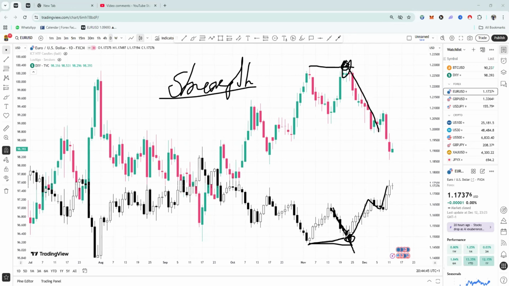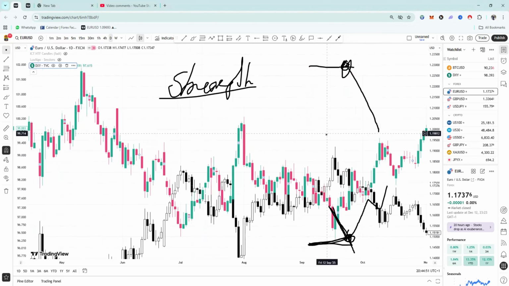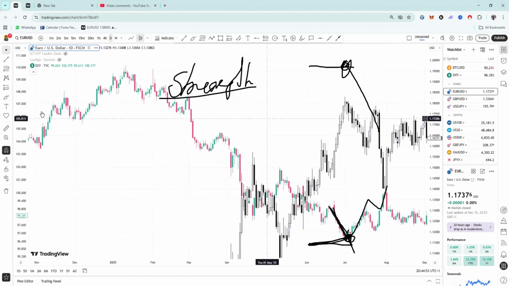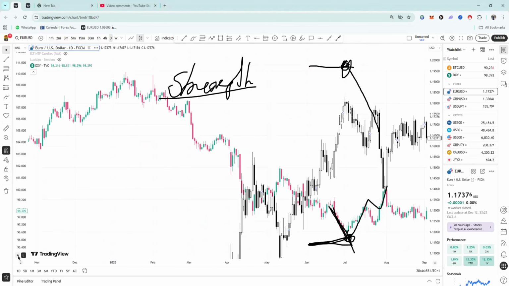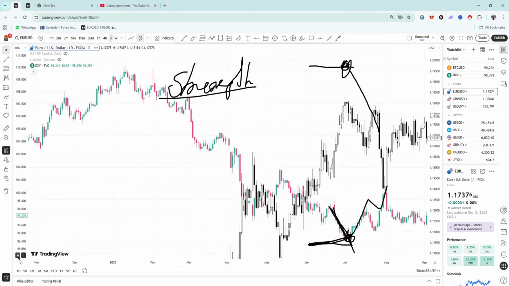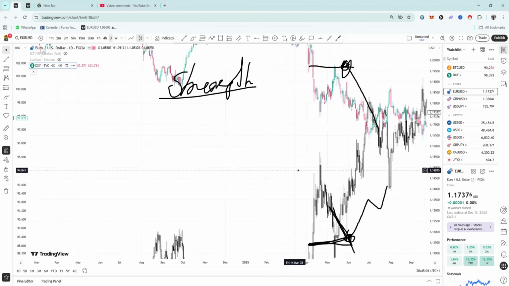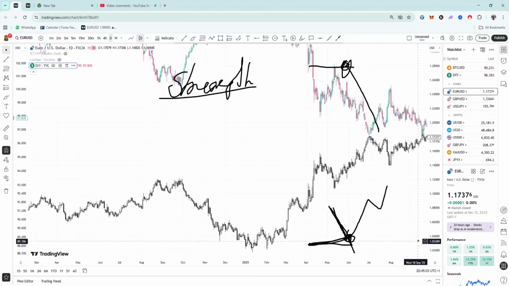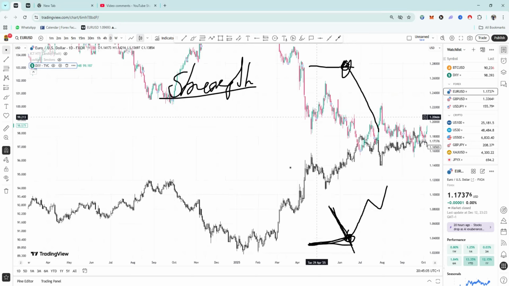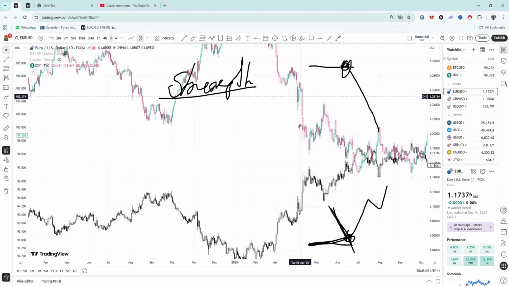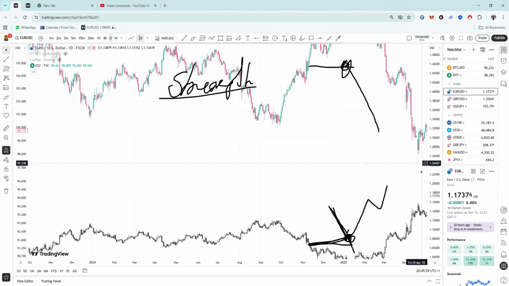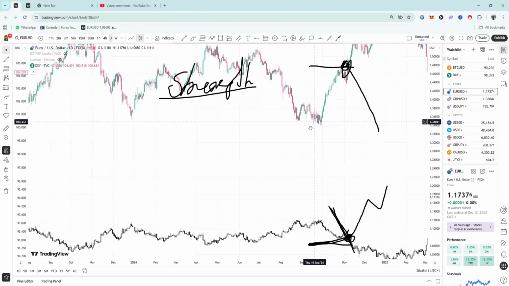Now, when an asset fails to make a low or a high, let's look for a situation where DXY or Euro USD fails to take out a high or low. Let's see if we're going to have any situation like that.